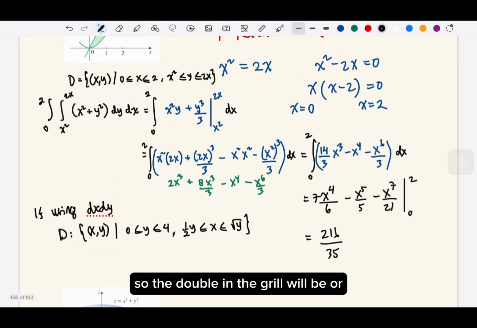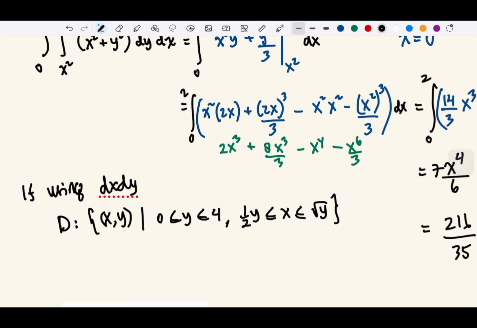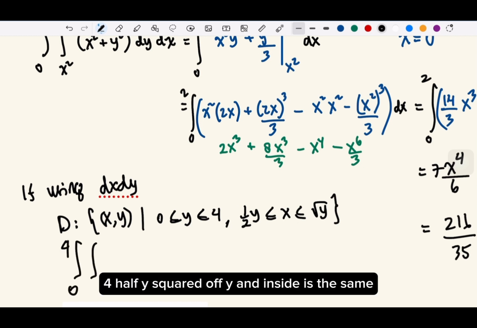So the double integral will be 0 to 4, half y to square root of y, and inside is the same function, right? And this will be dx dy.